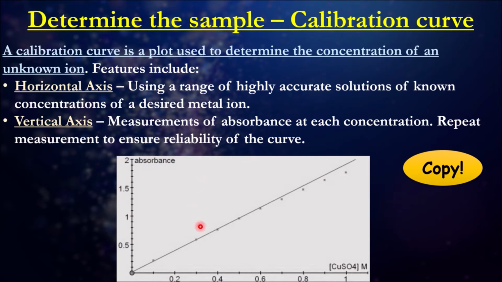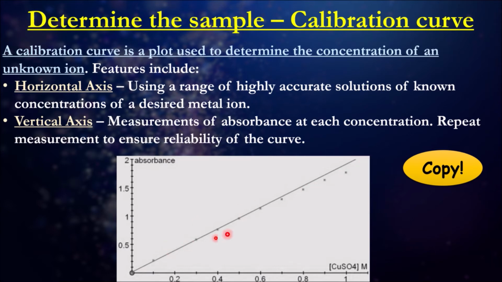We say it's a curve because, as you can see, it does kind of tail off into a little plateauing spot here, which is also why we never try to predict absorbance outside the line of best fit. We never try to extrapolate, because extrapolation is quite inaccurate.